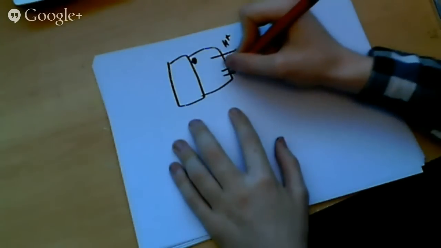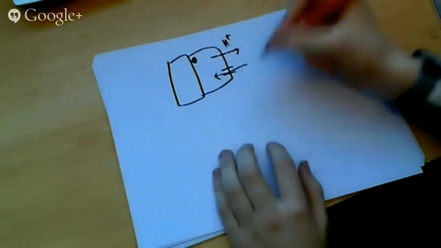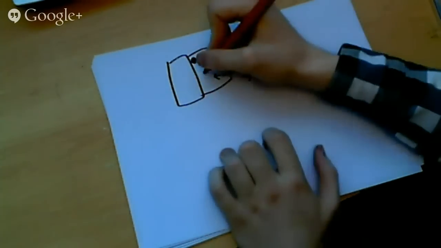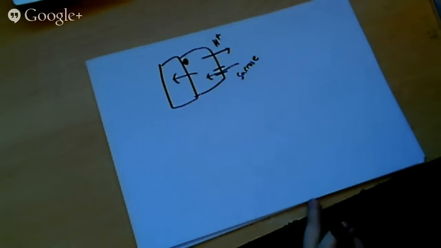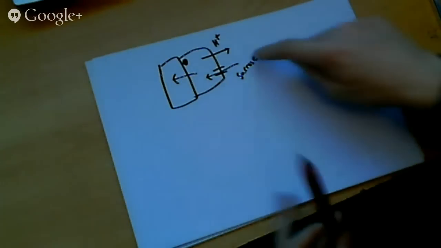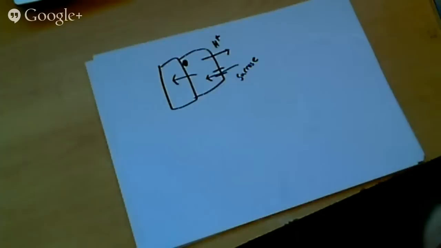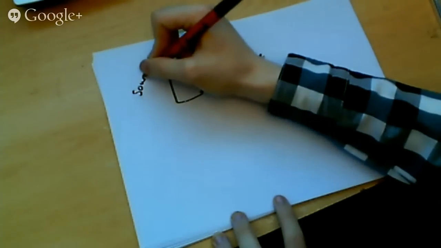Then they diffuse back into the cell through a co-transporter protein, which brings sucrose with it. Sucrose then diffuses into the phloem sieve tube, and this is a source.